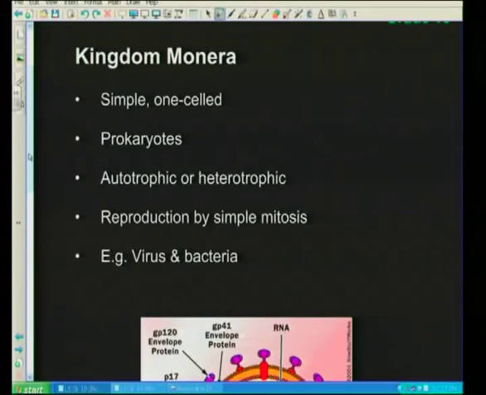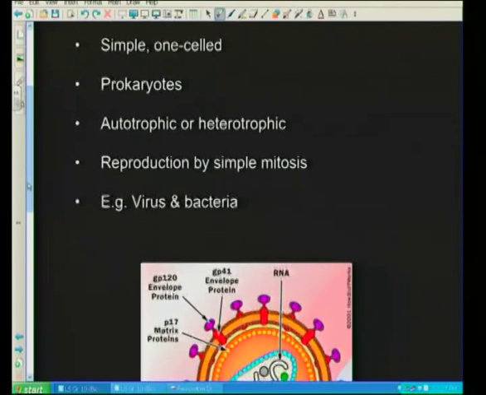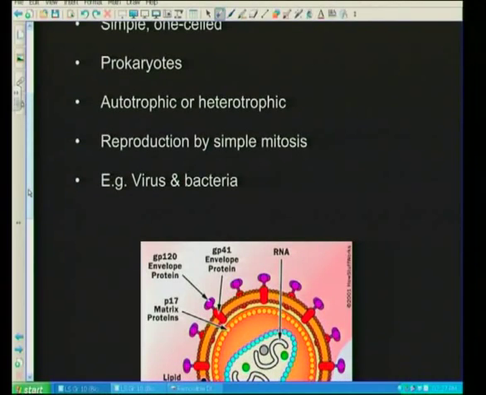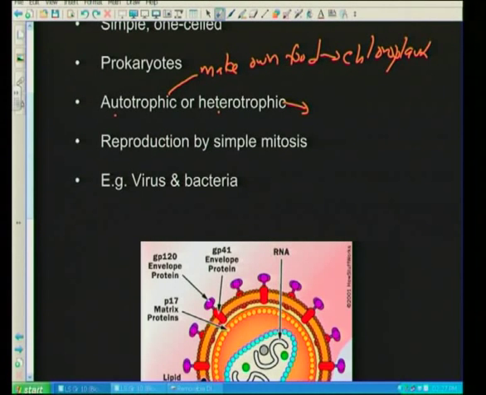Let us now look at the kingdom Monera. Kingdom Monera are simple one-celled organisms which are unicellular. They are prokaryotic. They can be autotrophic or heterotrophic, and this means they can make their own food if they have a chloroplast, or they can be heterotrophic.